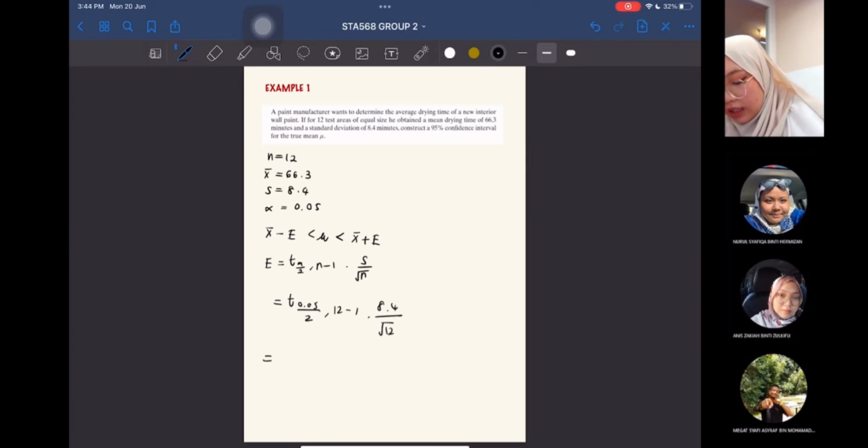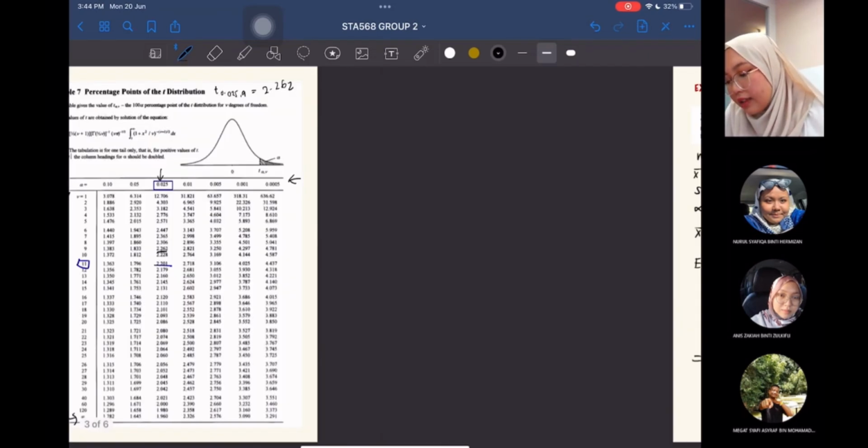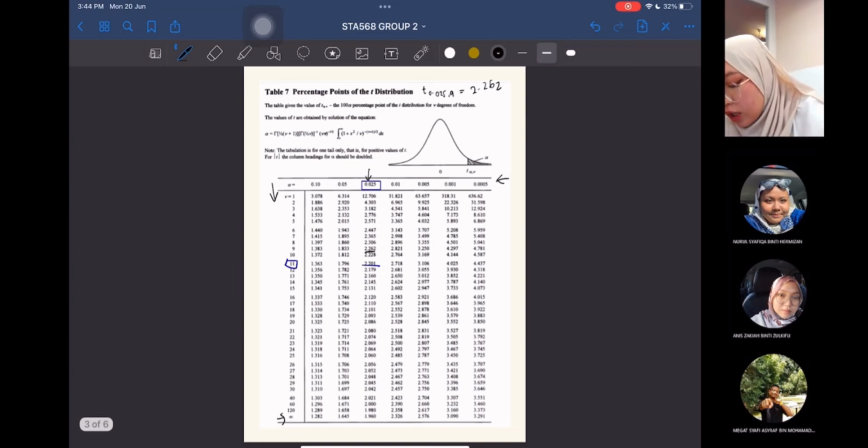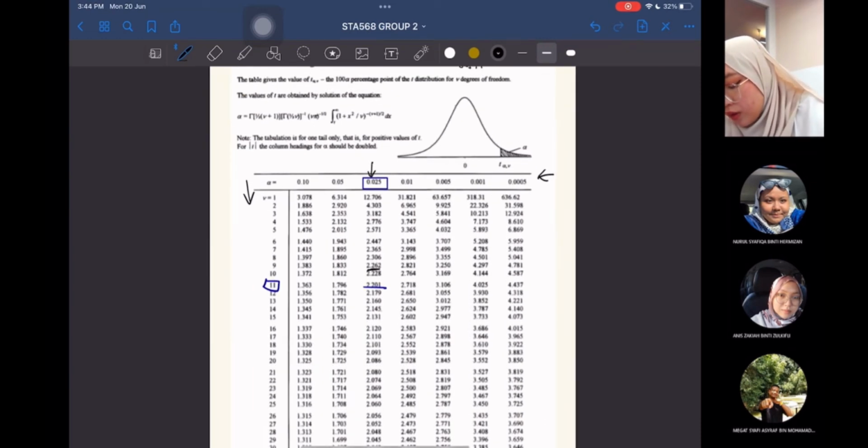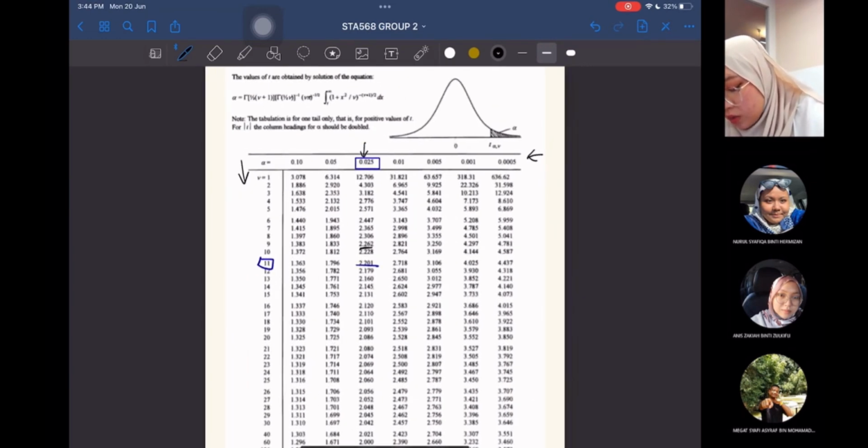So for t 0.025, comma 11, we take a look at table 7. For alpha 0.025 and v is 11, the value is 2.201.